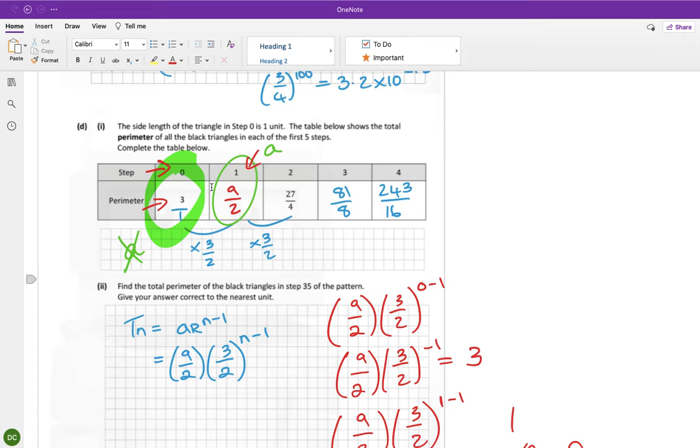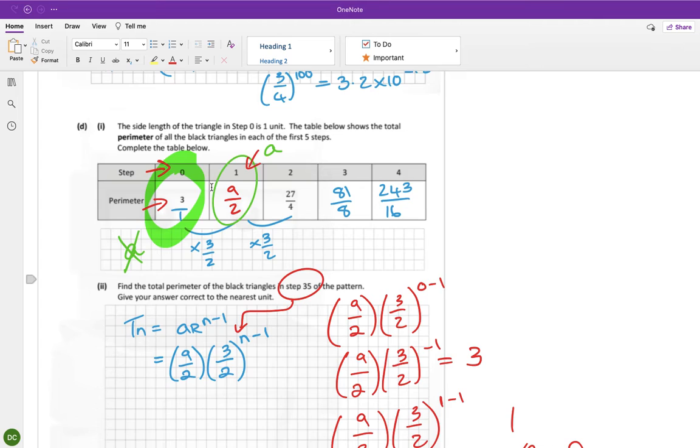So I want to know how many in step 35. So I just make that 35. So if I'm looking for step 1, I make n 1. Yeah, so if I'm looking for step 35, I make n 35.